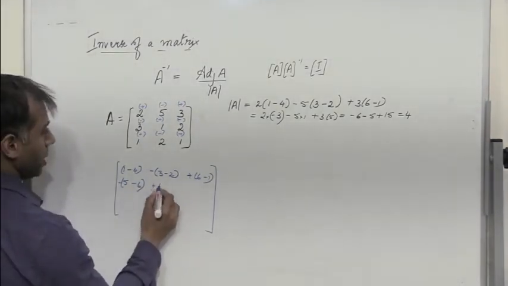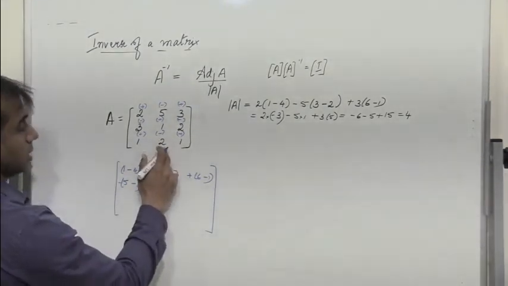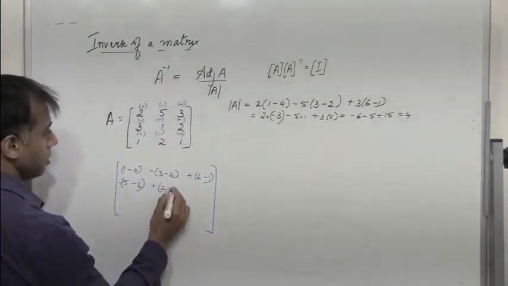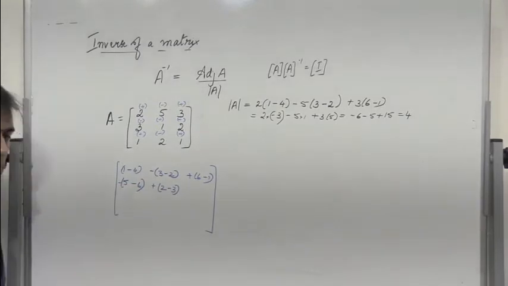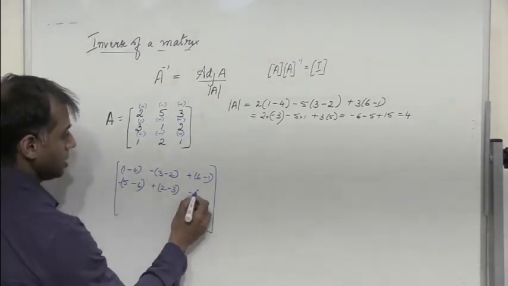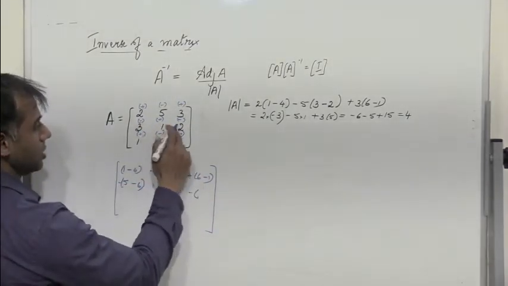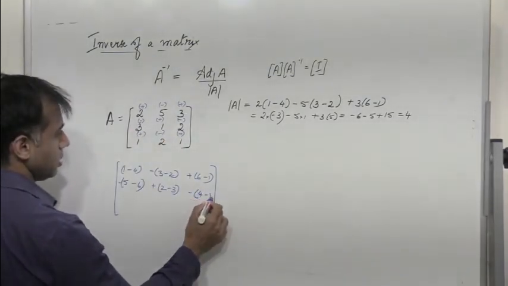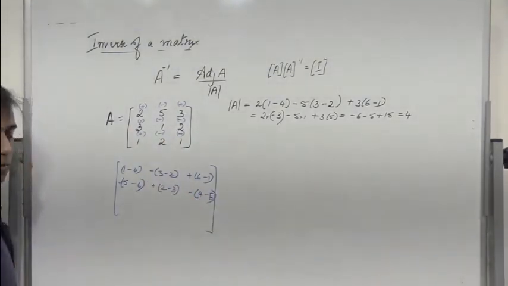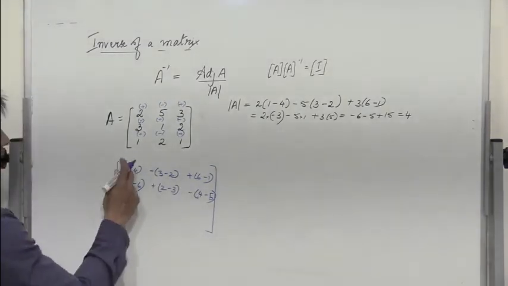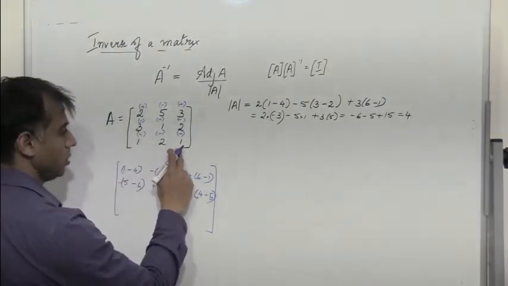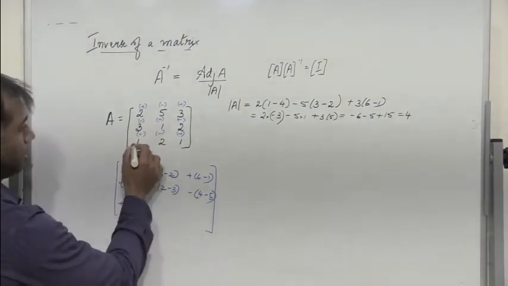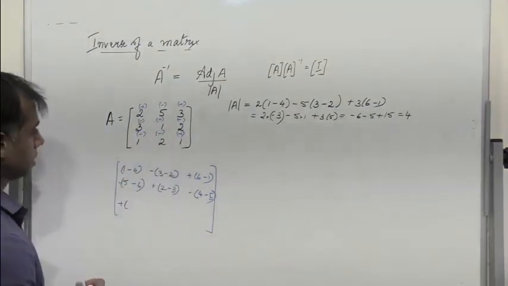Next, a plus sign here, leaving the second column and the second row, 2 into 1 minus 3 into 1. Then a minus sign, leaving the third column and the second row, 2 into 2, 4 minus 1 into 5, 5. Next, leaving the first column and the third row.